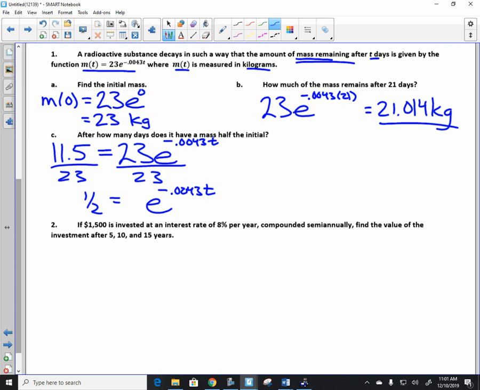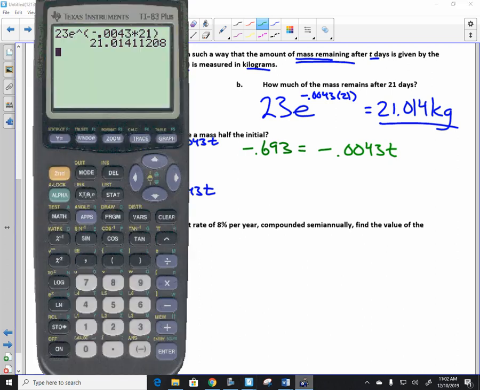Now I have to get rid of the base e. How do I get rid of the base e? Natural log both sides. What happens to the right side? Cancels, leaving me with negative 0.0043t. And on the left-hand side, I have the natural log of 1/2, which is negative 0.693. That one I have memorized.